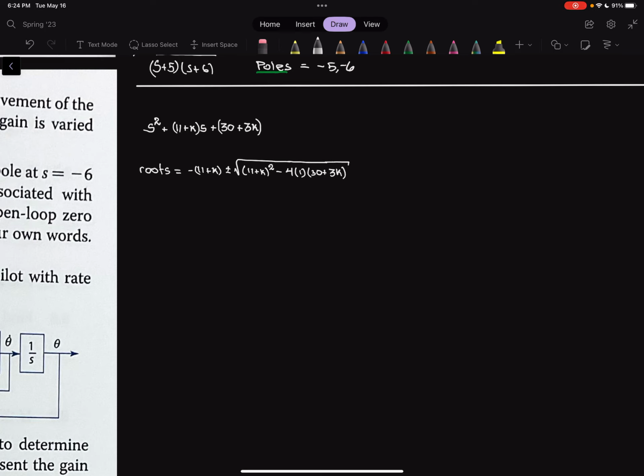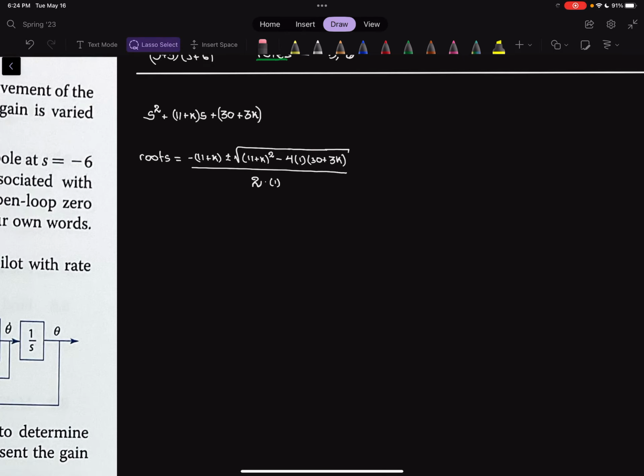We close that out and divide everything by 2 times a, which is again 1.